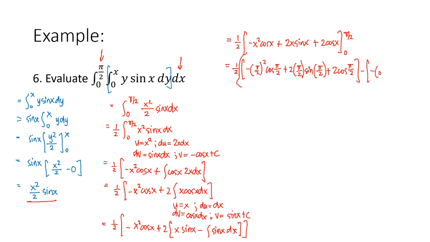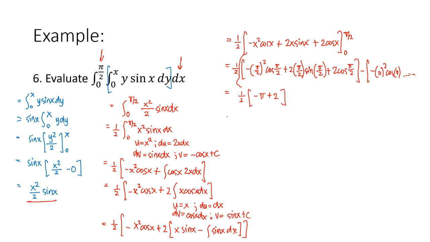You can just write that. So you just have to substitute it until 0. So for the upper limit, this is equivalent to negative pi. And then for the lower limit, we have 2.